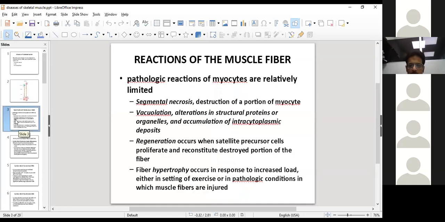Now, just like other organs of the body, like kidney and liver, the response of a muscle to injurious agents is fairly limited because of the unique structure it has.